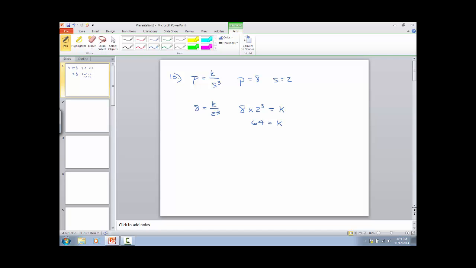Now, what does that mean to us? If we had something else that varied according to this equation, we could simply substitute in the value for P and use the constant that we found, 64, and find out what S is. Let's see how we apply that principle.